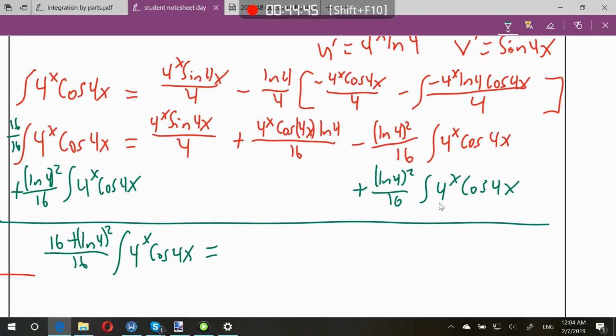That should be equal to everything that I had on the other side: 4 to the x sine 4x over 4 plus 4 to the x cosine 4x ln 4 over 16, plus c, because we've gotten rid of all of our integrals on that side. That was the hard part. Any questions on what I did there?